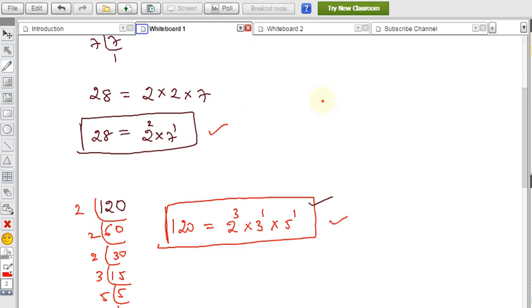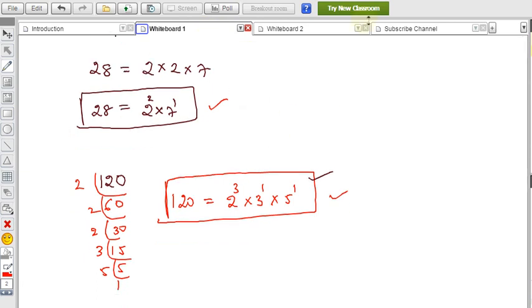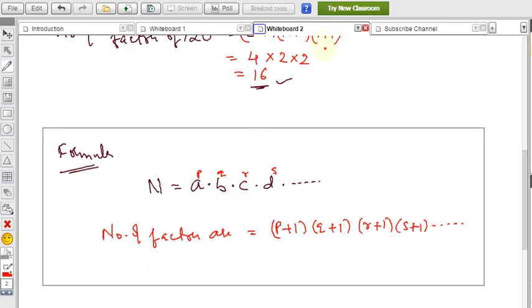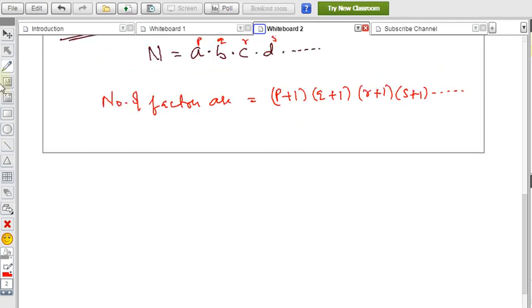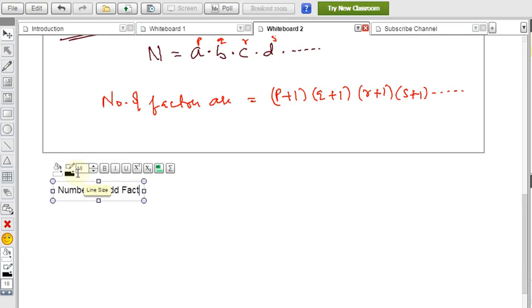Number of odd factors of a given number.